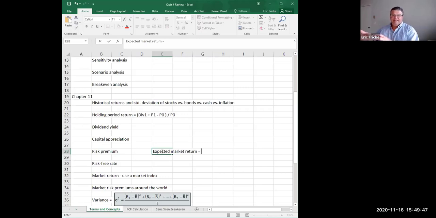And for the market, that would be the market risk premium. So we start off with the risk-free rate, and then we add to that the market risk premium.